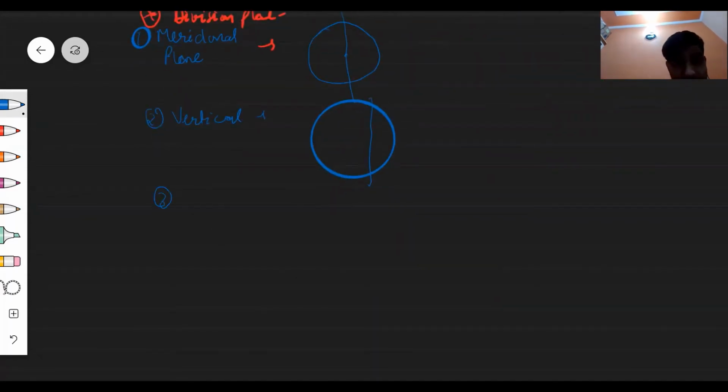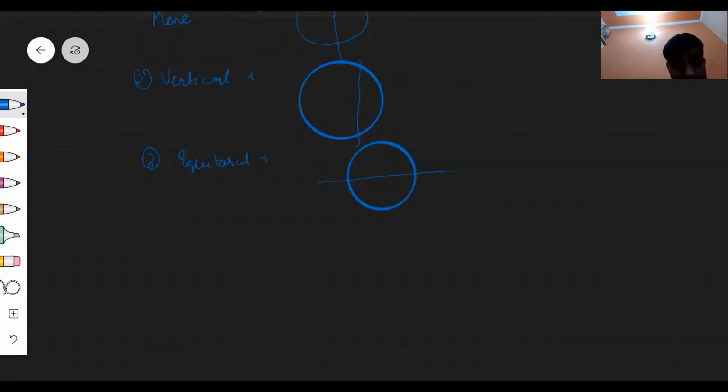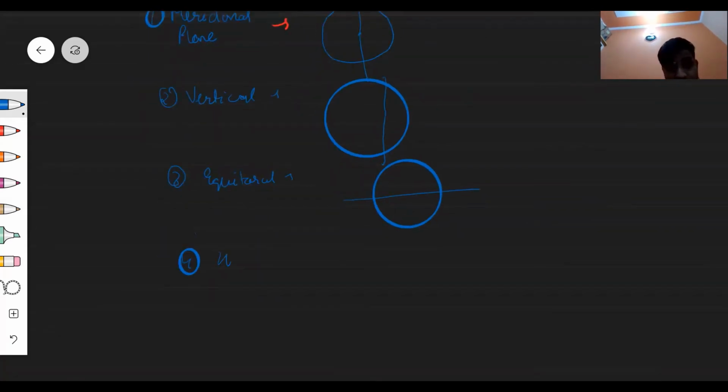Third is the equatorial, which cuts horizontally exactly half. Fourth is the horizontal, which is parallel to the equatorial, but not at the half.